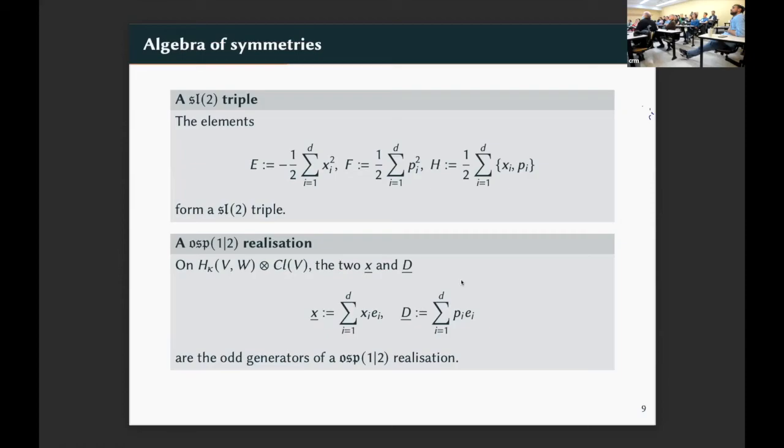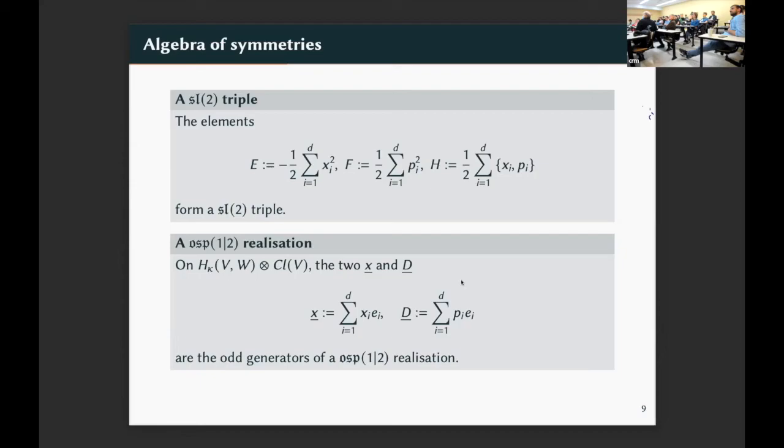This can be seen almost as a Laplacian, and you have your degree element H. So they form an SL2 triple. They respect the SL2 relations: HE is E, HF is minus F, EF is H, with maybe some minus signs, I'm always mixing it up.